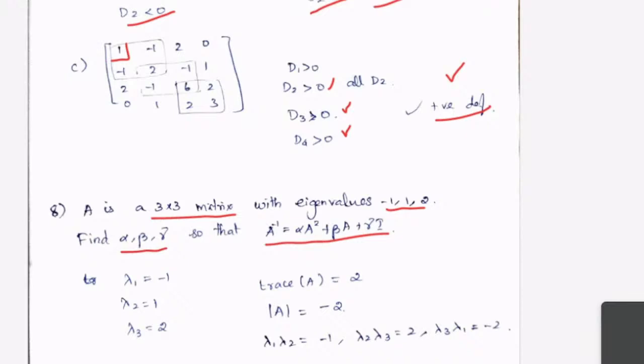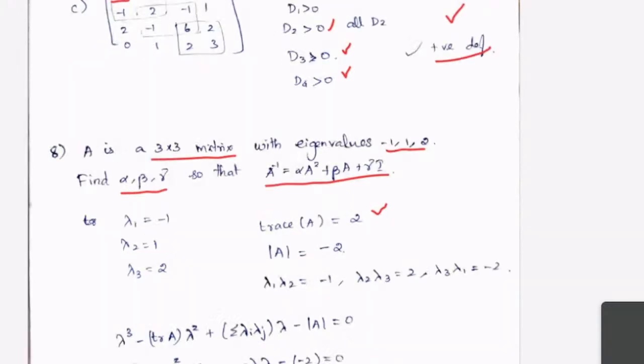Let us assume the eigenvalues lambda 1, lambda 2, lambda 3 as -1, 1, 2. Trace is the sum of the eigenvalues, which is -1 plus 1 plus 2, that is 2. And determinant of A is the product of these eigenvalues, which is -2.